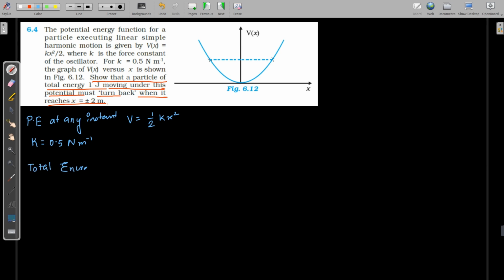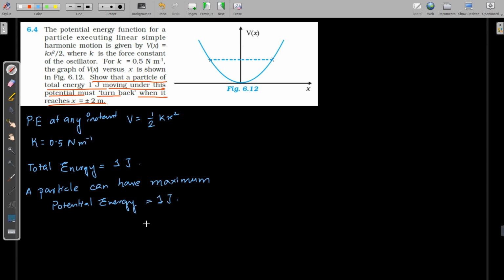Total energy is equal to 1 joule. So a particle can have maximum potential energy equal to how much? 1 joule.